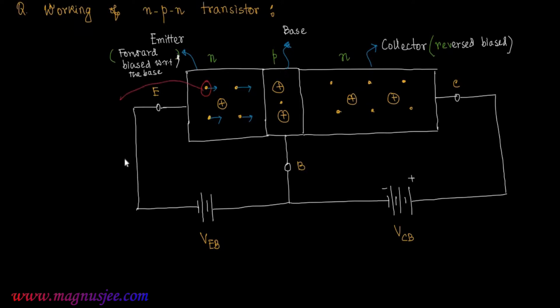This is the conduction electron which will be repelled towards the base due to the negative terminal of the battery, and this is the positive terminal of the battery. So the negative terminal of the battery of EMF VEB will repel the conduction electrons towards the base.